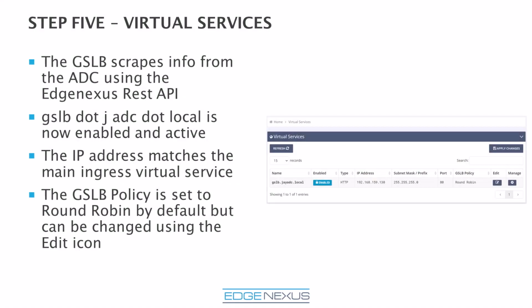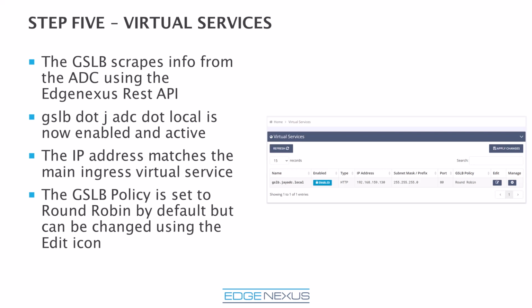Step 5. Virtual services. Data within the virtual services section and the enabled status means the GSLB can scrape information from the ADC using the Edgenexus REST API. This also indicates that the GSLB is configured to monitor the health and performance of multiple servers or applications across multiple geographic locations.